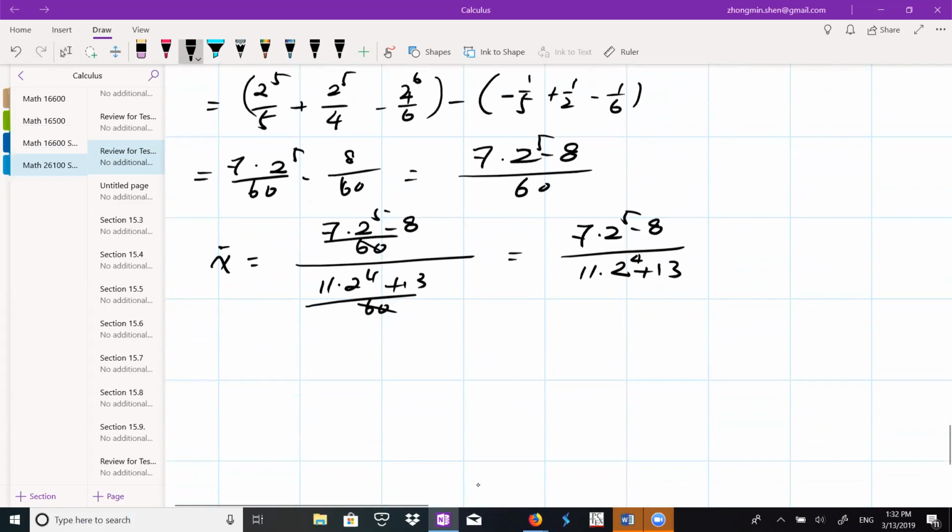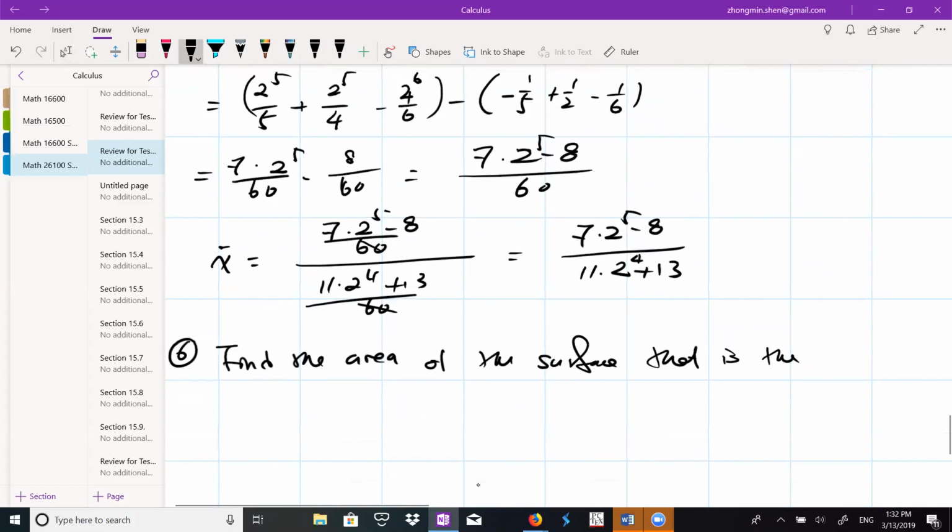So what is the next step? Number 6. Find the area of the surface. The surface is defined as follows.